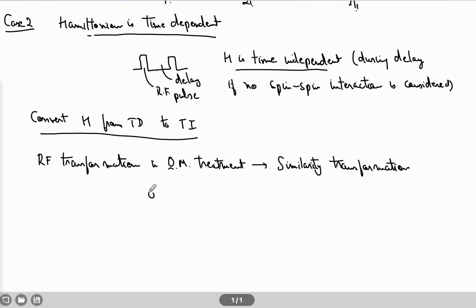Let us say this is my density operator σ, and if I multiply it by U and U inverse, where U is a unitary matrix and U inverse is its inverse, then this σ is converted into σ_R, where σ_R is the density operator or density matrix in the rotating frame, let's say.